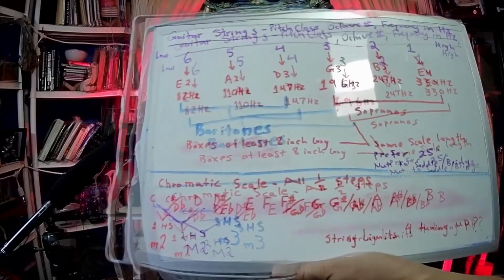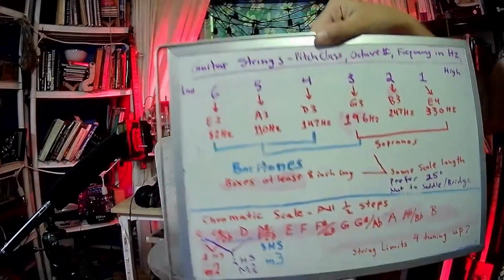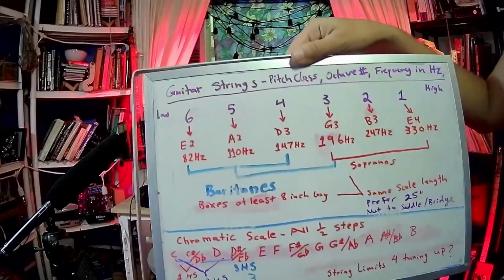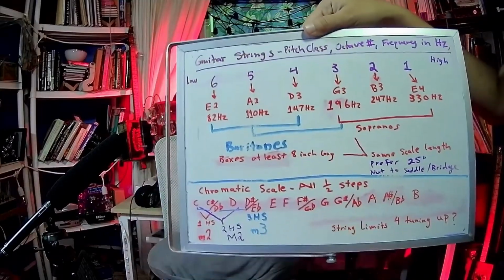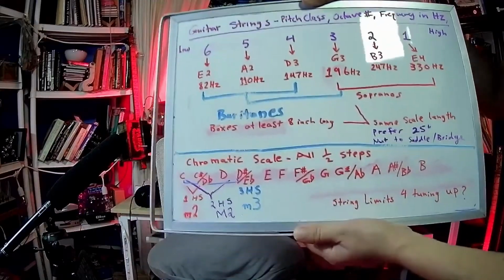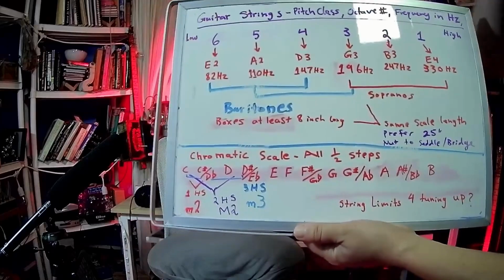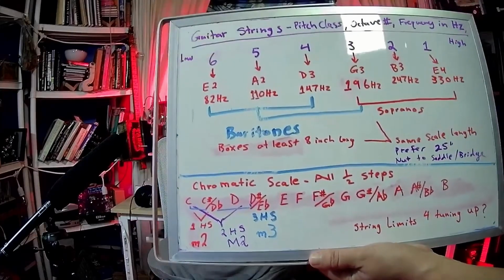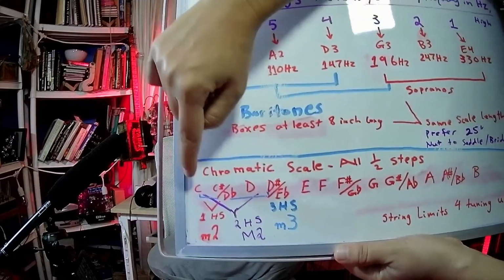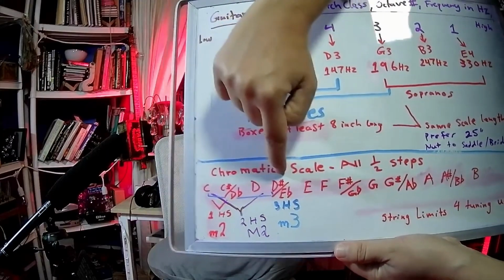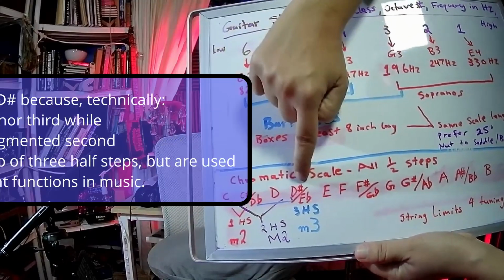Now, I've been able, on really well-stretched strings, to push up to a minor third, which is a half step larger than a major second. Minor third is made up of 3 half steps. A minor third above C, let's count up 3 half steps: 1, 2, 3 is E flat.